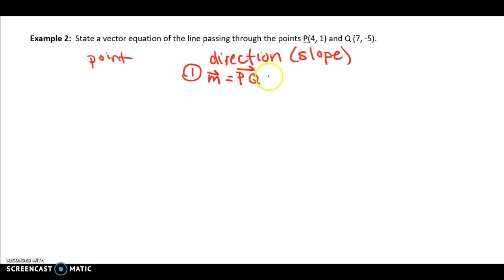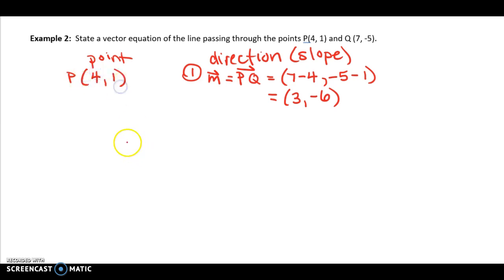So we can calculate that by doing the difference of the x's and the difference of the y's, which is negative 5 minus 1, which then gives us a direction vector that is 3, negative 6. So now that we have a direction vector, we need to pick a point. It doesn't matter which point we start with, so I'm going to pick the first point that we have, which is 4, 1, and then we're going to state our final equation.